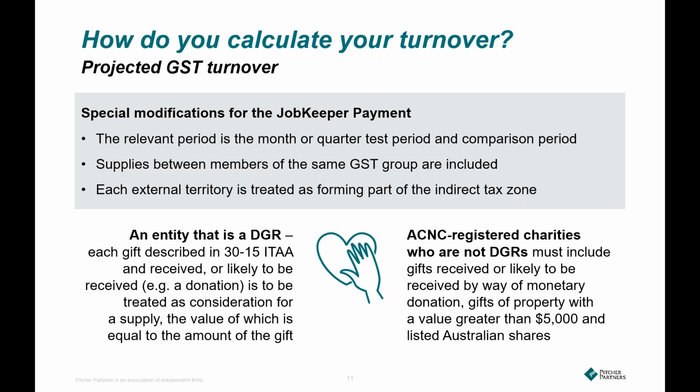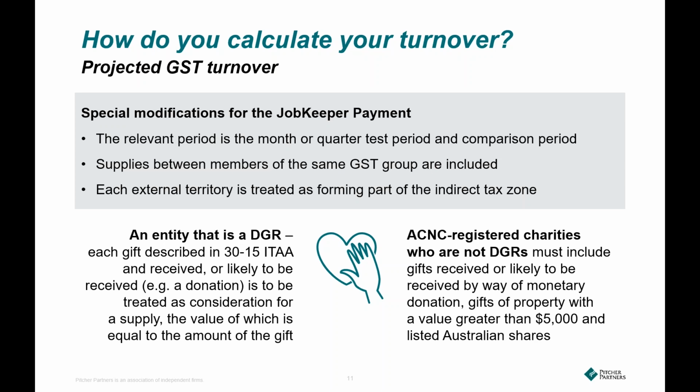Importantly, supplies between members of the same GST group are included for JobKeeper turnover purposes. So normally a registered GST group would prepare and lodge its BAS on the basis that it is a group, and supplies between members of the GST group would be ignored for GST purposes and would not be reported within the business activity statement that's lodged by the representative member of the GST group.